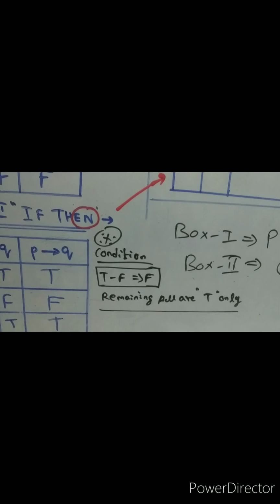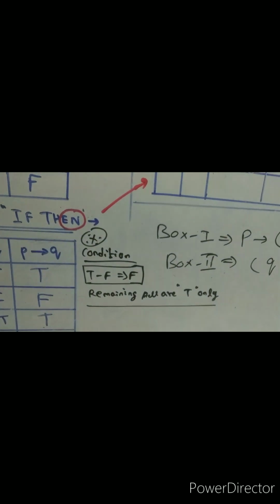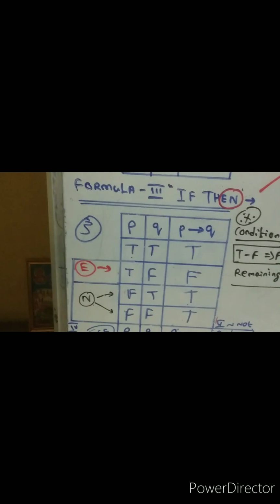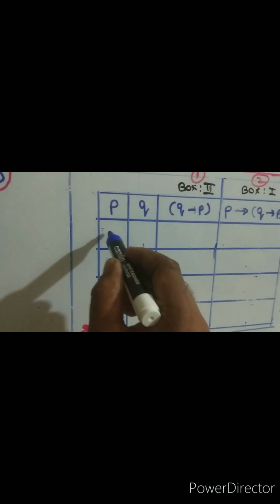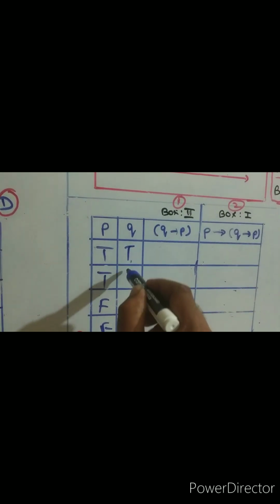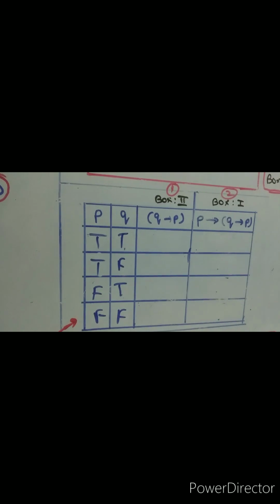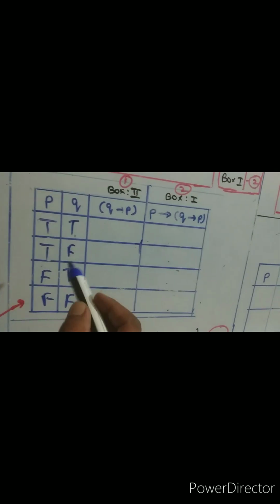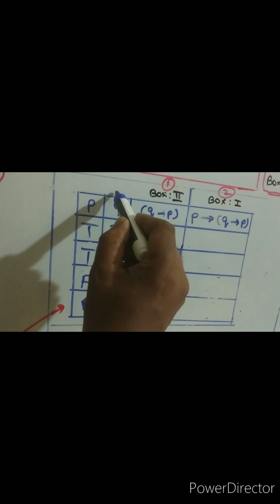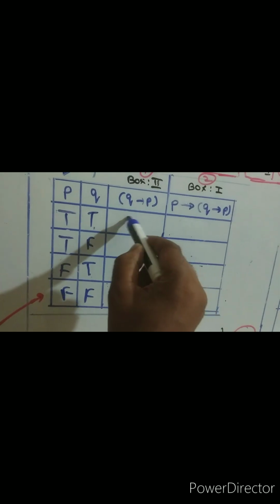And we know the formula 3, if then. The condition is T F equals F, remaining all are T only. In the formula table 3, if then, now we have to fill up here T T F F, T F T F. Here first Q and P. T and T, T only.